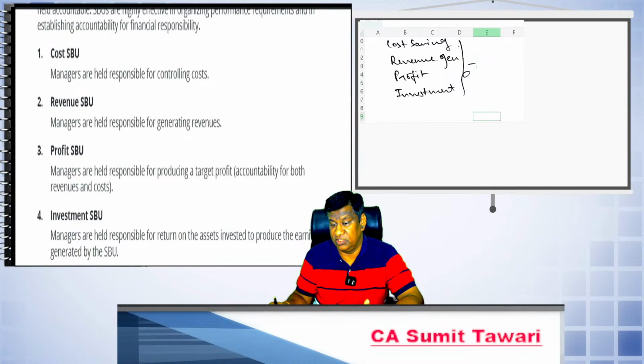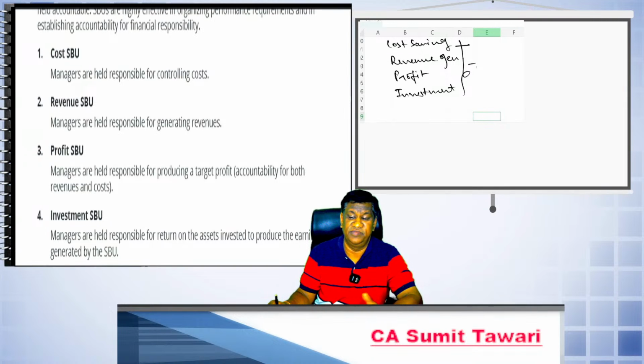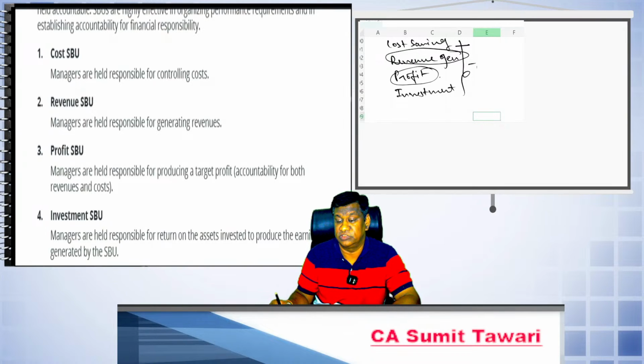The person who is responsible for cost saving tries to reduce the cost, but he needs to support the revenue generation. The person who is responsible for profit may reject the orders which give a negative impact.